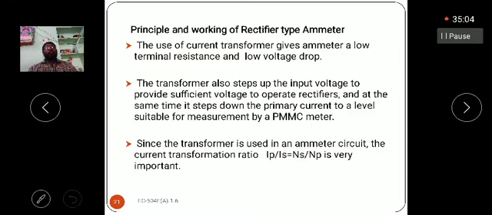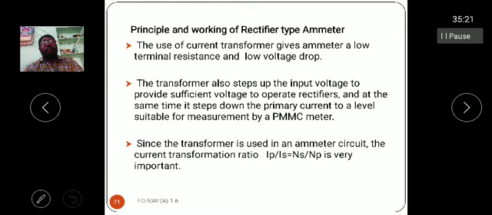The transformer steps up the input voltage for the requirement of the operation of the rectifiers, and at the same time it steps down the primary current to a level suitable for measurement by the PMMC meter.